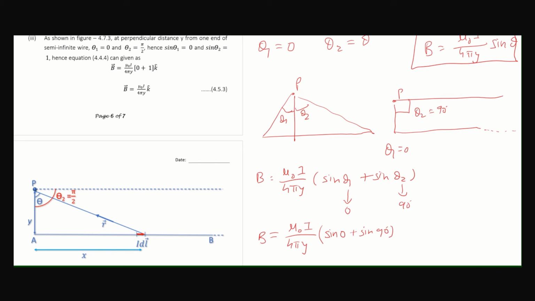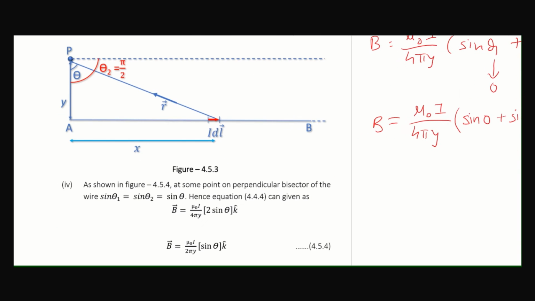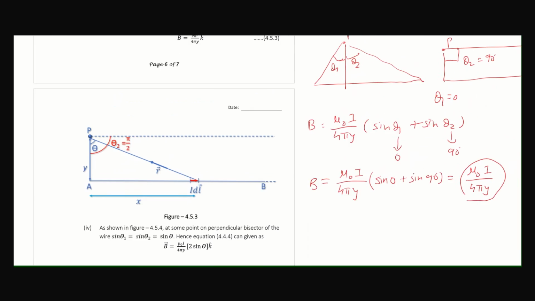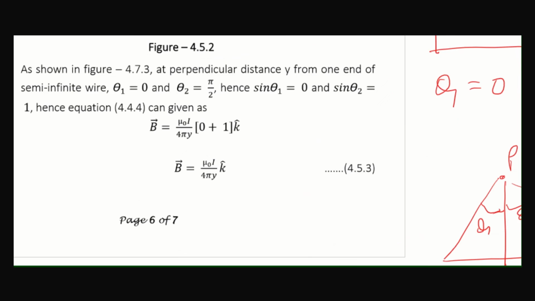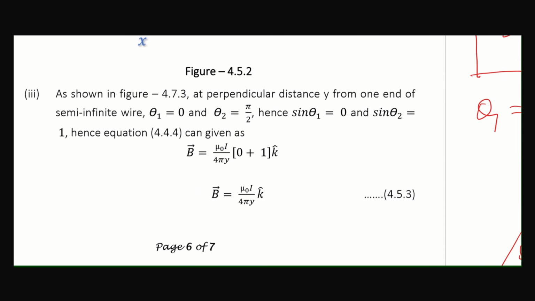Sine 0 is 0 plus sine 90 is 1. So ultimately mu 0 I by 4 pi y. This is the formula, 0 plus 1.